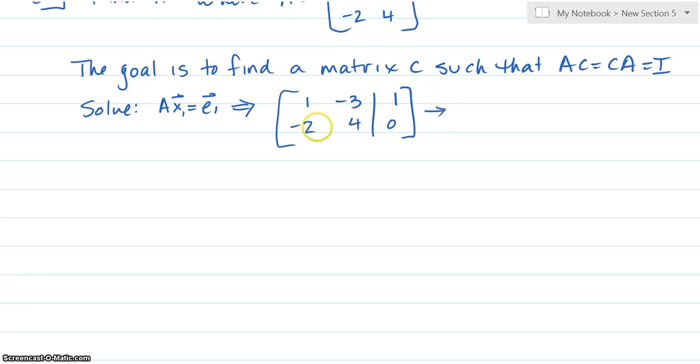And I'm just going to get a 0 there by multiplying the first row by 2. So that would be negative 6 plus 4 is negative 2, and 2 plus negative 2 is 0. And then 2 plus 0 is 2.